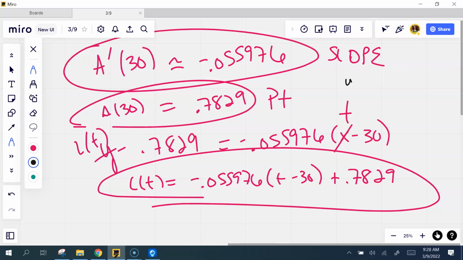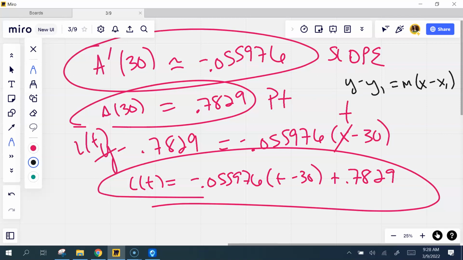So then I just plugged into point-slope form. So that's 2 points. This was a 4-point part. Part C was a 4-point part. 2 points for L of t. Then it says, use L of t to predict the time at which there will be half a pound of grass remaining.